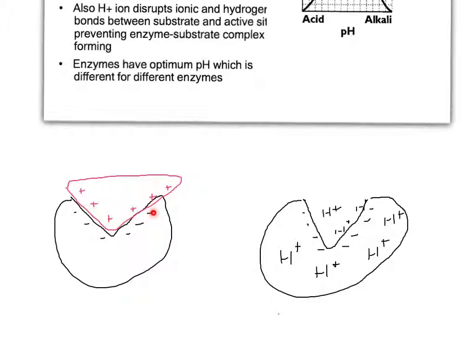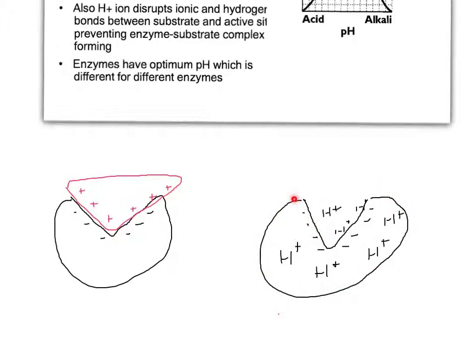Now, if we change the pH of our environment, small bits of very positive charge, protons, get in amongst our tertiary structure, and disrupt the hydrogen bonds which hold that tertiary structure together, which changes the shape of the molecule.